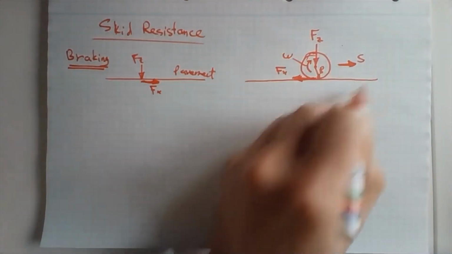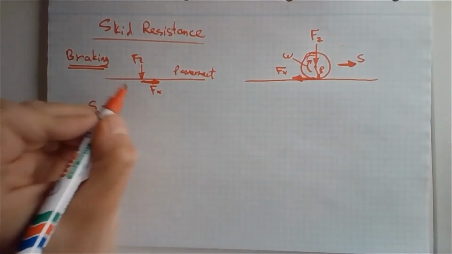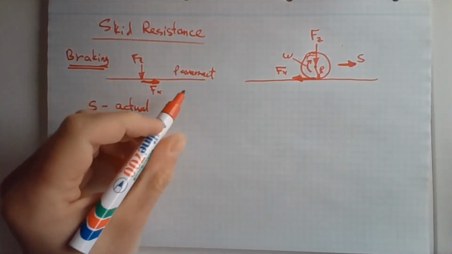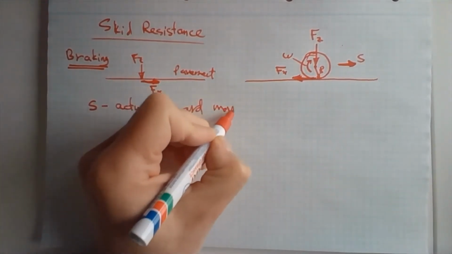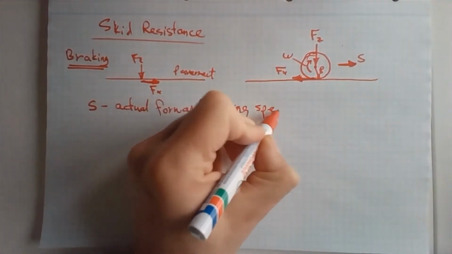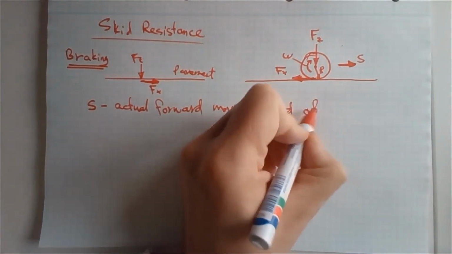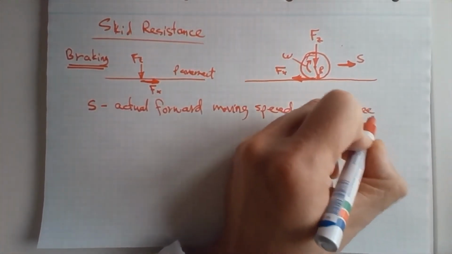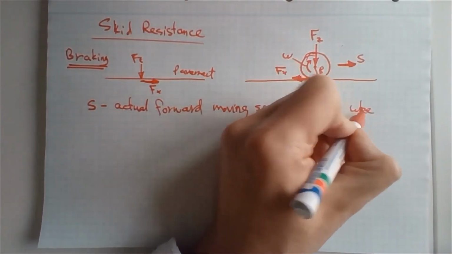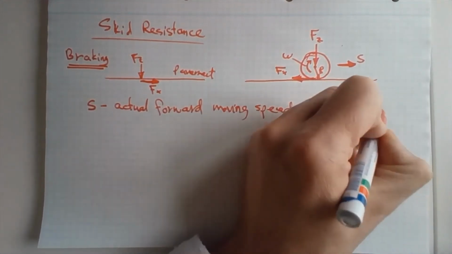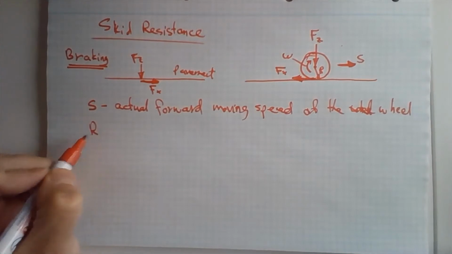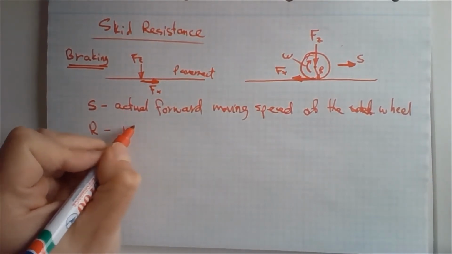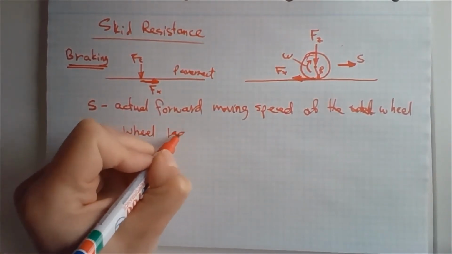Let's define the entities here. S is the actual forward moving speed of the wheel. R is the wheel radius.